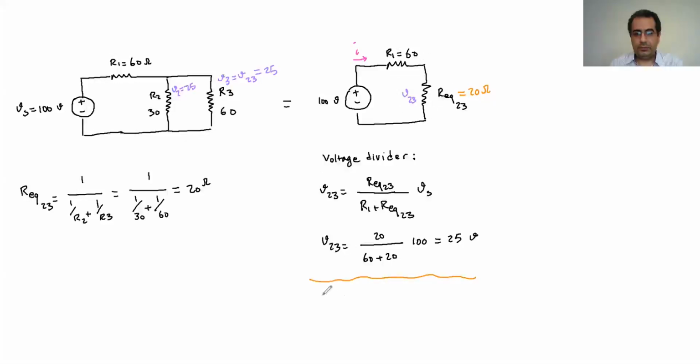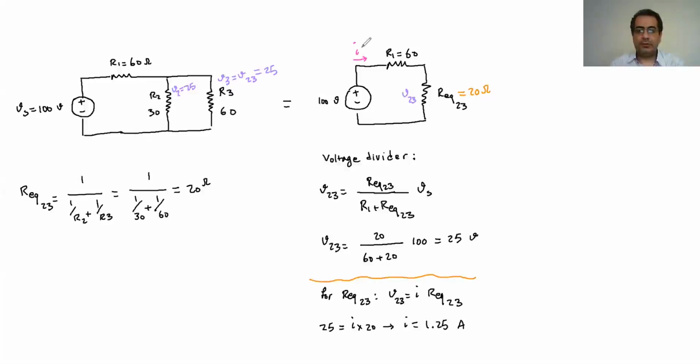So if I write it for REQ23, whatever I goes through, the V23 is equal to I times REQ23. Therefore, I know the V23 is 25 volts, is equal to I, and this one is 20 ohm. Therefore, the I should come out as 2.5 amp.